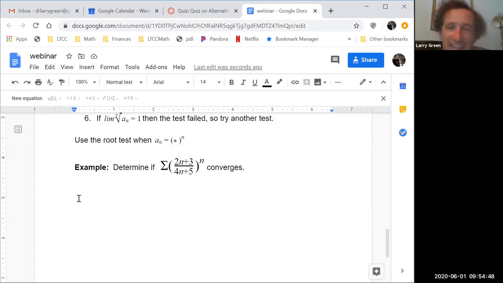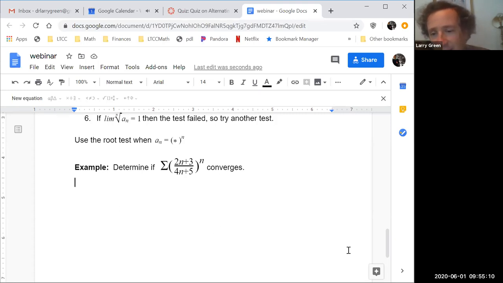On the exam, I'm just going to say determine if the following series converge or diverge, and you have to look at it and say, well, what's going on in this particular one? This is definitely not a geometric series. It's definitely not a p-series, right? Those are the easy ones. But I do see an nth power.